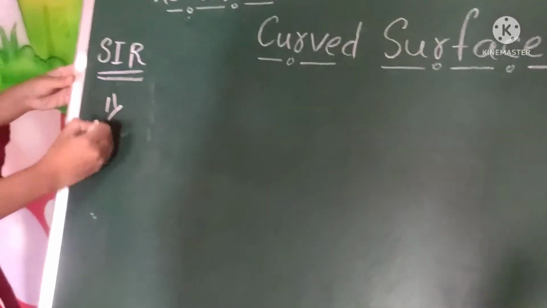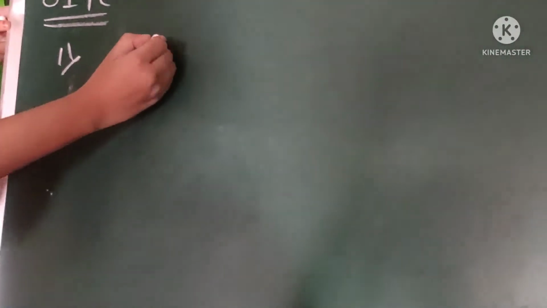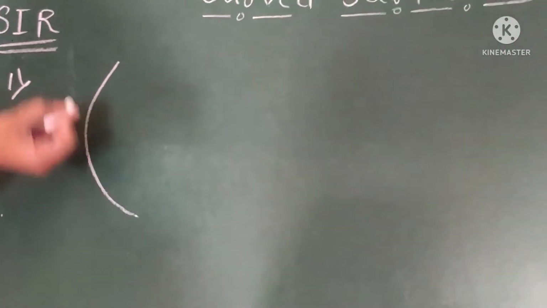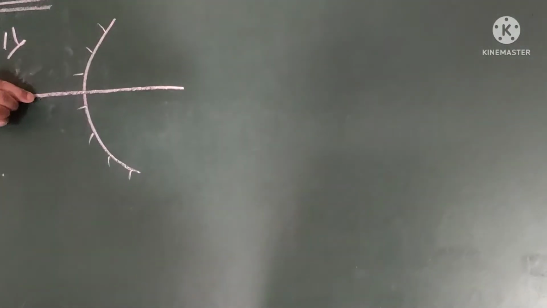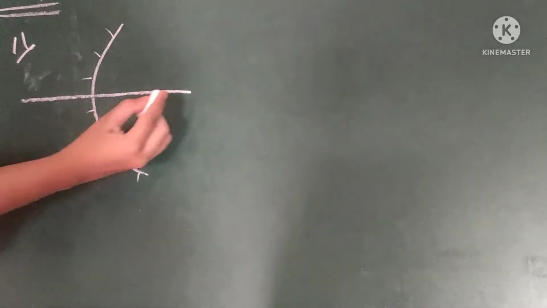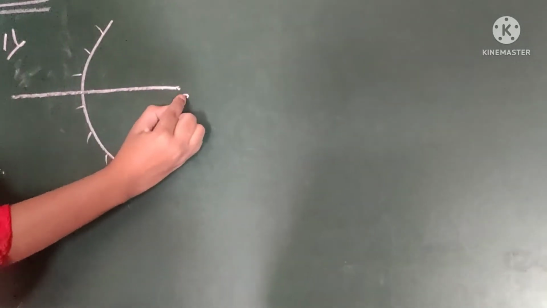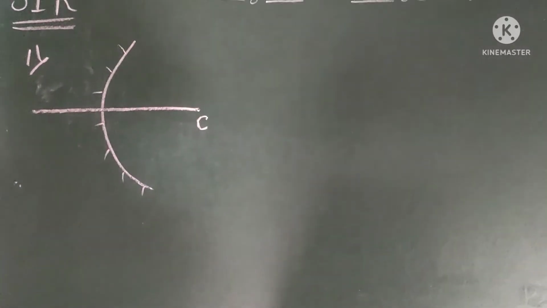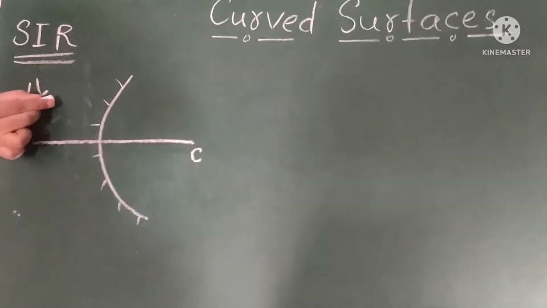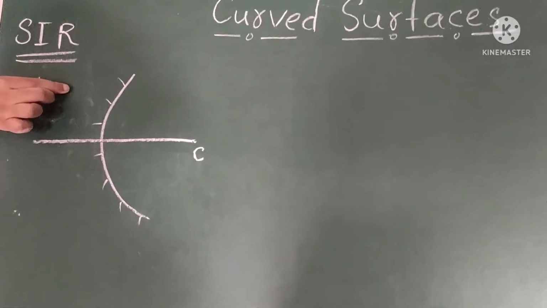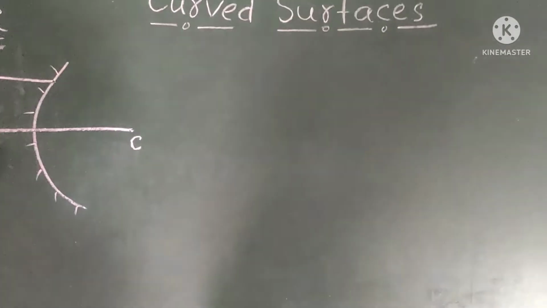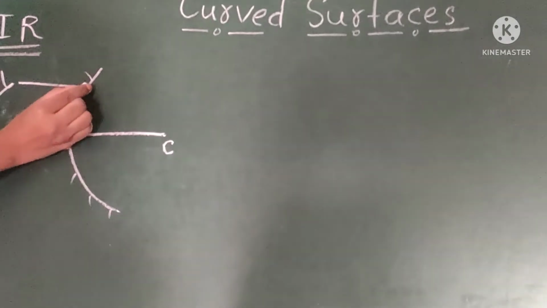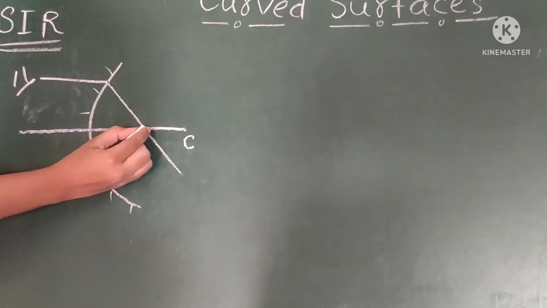If this is the spherical mirror, we have a principal axis to it, right? This is the principal axis, and here we have the center of curvature. We have already learned this. Now, as I told you, whichever incident ray passes parallel and reflects, it meets at a point called the focus.